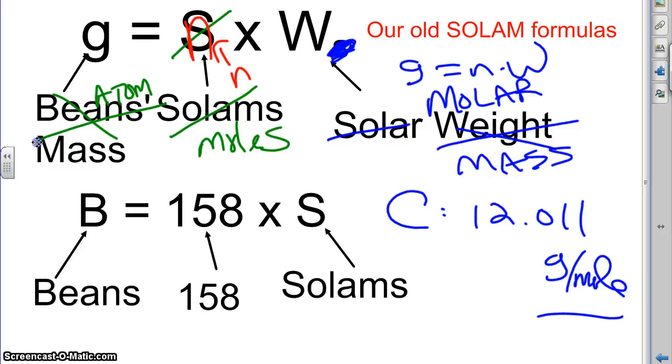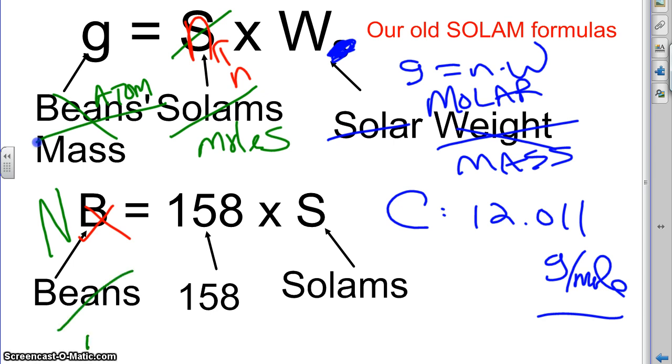And this other formula, we need to revise it a little bit because we're no longer using beans anymore. We're going to be using atoms or molecules, or really we could count anything with these. And so what we tend to use for this is a capital letter N. That's why we've got to be careful with our lowercase n for moles.